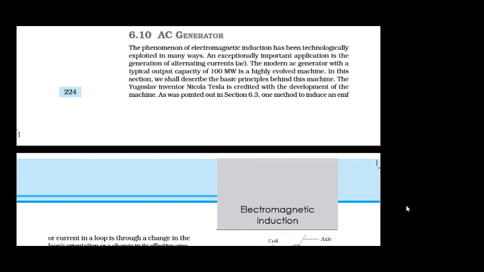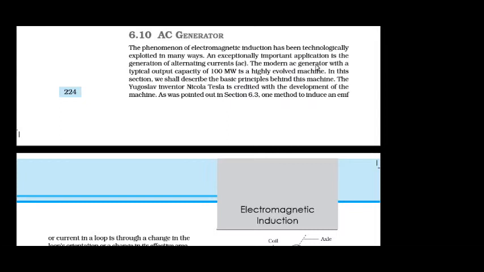Now we'll start 6.10, AC generator. The phenomenon of electromagnetic induction has been technologically exploited in many ways. An exceptionally important application is the generation of alternating currents, AC.